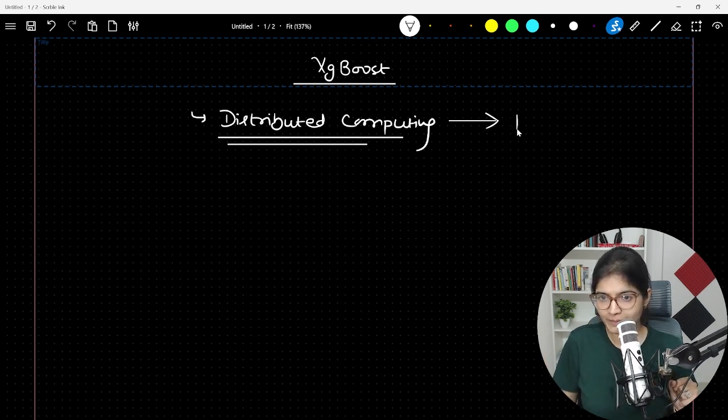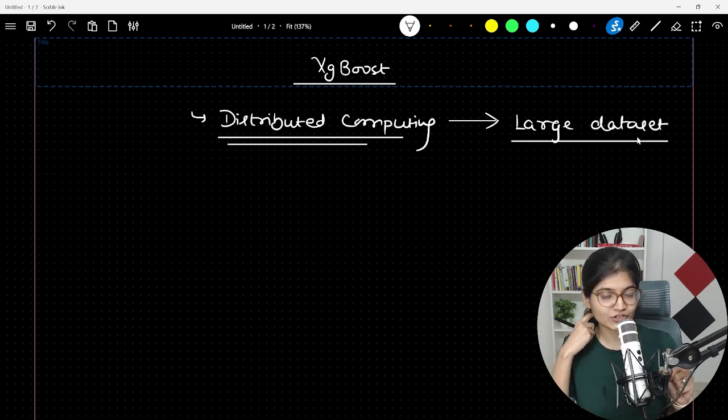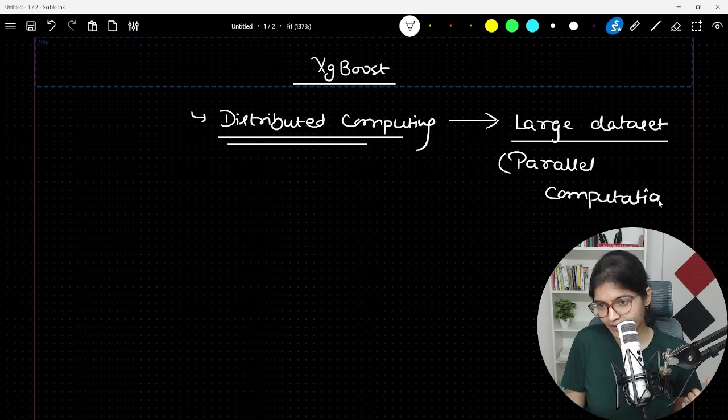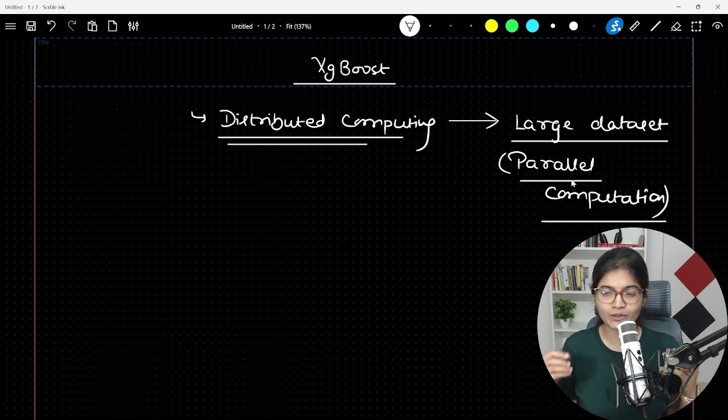Let's suppose we have a very large dataset. With respect to that large data, we can use multiple machines and do the computation in parallel. So parallel computation is being done, and that is why it is able to give us results very fast.